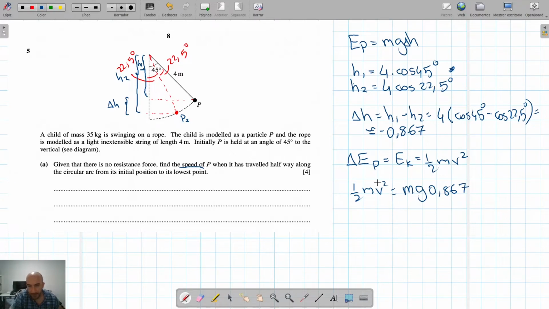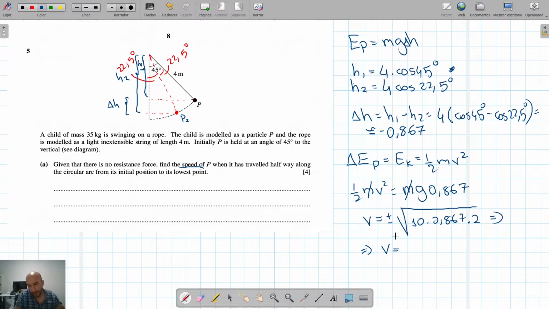So that's 0.867. Okay, so the mass can be cancelled out, and we have that v is plus minus, although obviously we're going to ignore the minus sign in this case, the square root of 10 times 0.867 multiplied by 2.